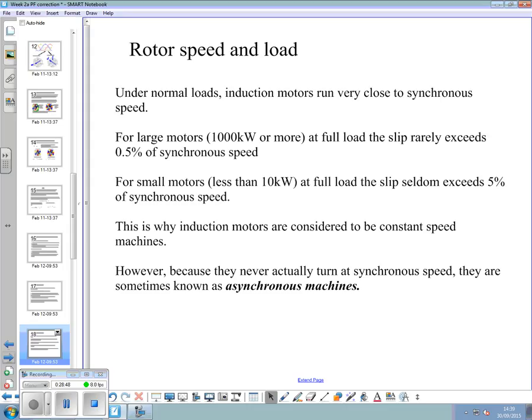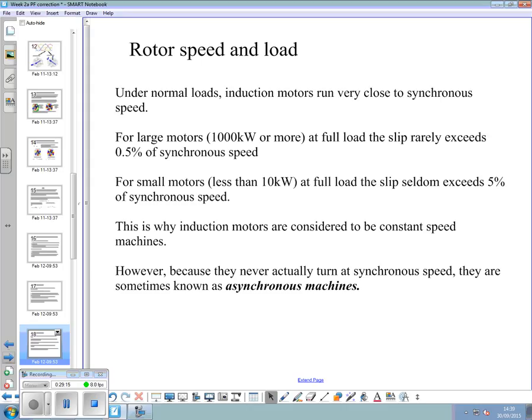Under normal loads, induction motors run very close to synchronous speed. For large motors, 1000 kilowatts or more, at full load the slip rarely exceeds 0.5% of synchronous speed. For smaller motors less than 10 kilowatts, at full load the slip seldom exceeds 5% of synchronous speed.